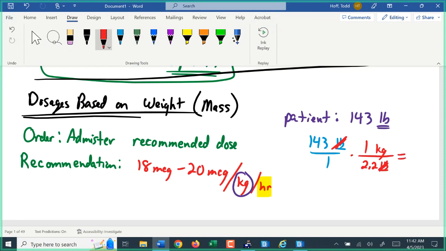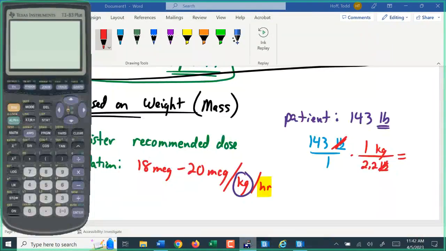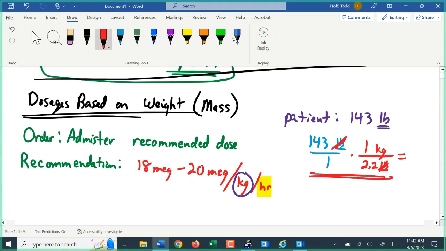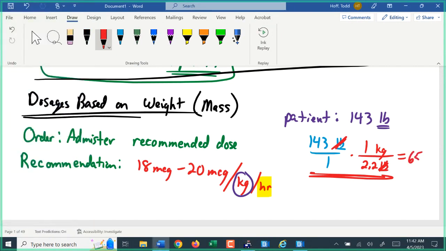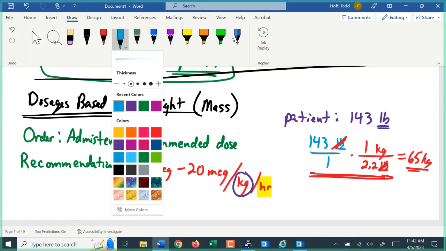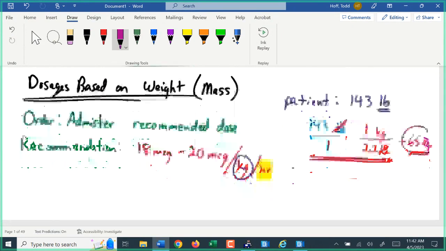And so since we're going to do this so often, rather than writing out the full dimensional analysis conversion like this, we're going to start just dividing by 2.2 to convert those pounds into kilograms. So 143 divided by 2.2 gives us 65 kilograms. So that's where the real calculation here begins, with a patient with a weight of 65 kilograms.